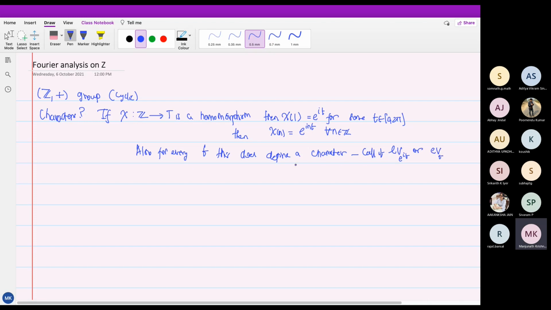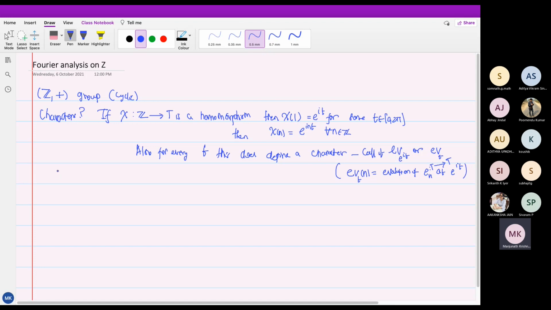The reason I'm writing that is that it's like the evaluation maps I was thinking of earlier: the evaluation of E_n at e to the i t. E_n is the character which takes z to z to the n. So this is the evaluation at e to the i t. That's why I call it that, I am just denoting this for the moment.